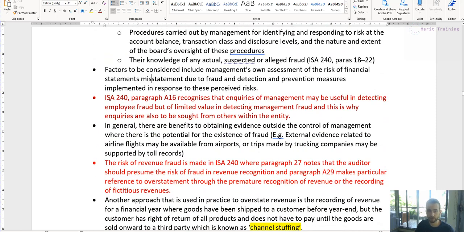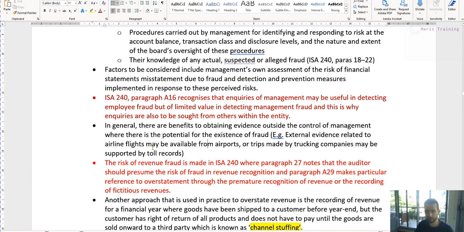And then also, you'll note here, ISA 240, paragraph A16 recognizes that inquiries of management may be useful in detecting employee fraud, but of limited value in detecting management fraud. And this is why inquiries are also to be sought from others within the entity. And in general, there are also benefits of obtaining evidence outside the control of management for the potential existence of fraud. For example, external evidence related to airline flights may be available from airports or trips made by trucking companies.